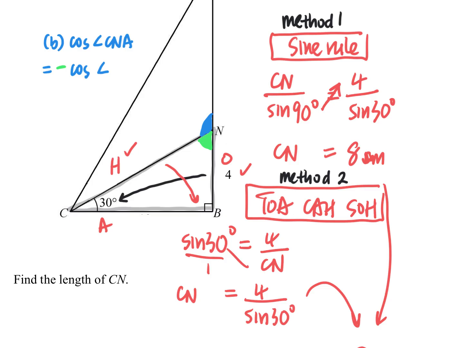So this is the same as CNB. But before you can do that, go and label your H, your A, and your O. So it will be A over H. H just now I found to be 8. So it's just minus half.